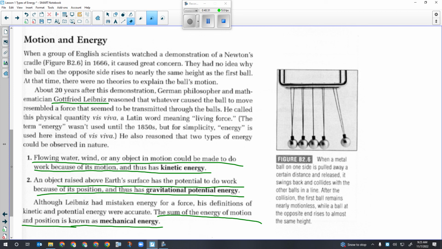If it's in motion, it has kinetic energy. And obviously, something flying through the air would have both because it's above the ground and in motion. The sum of an object's kinetic and potential energy is its mechanical energy. So all that underlined stuff, super important. We're going to talk about that stuff a lot in this unit.